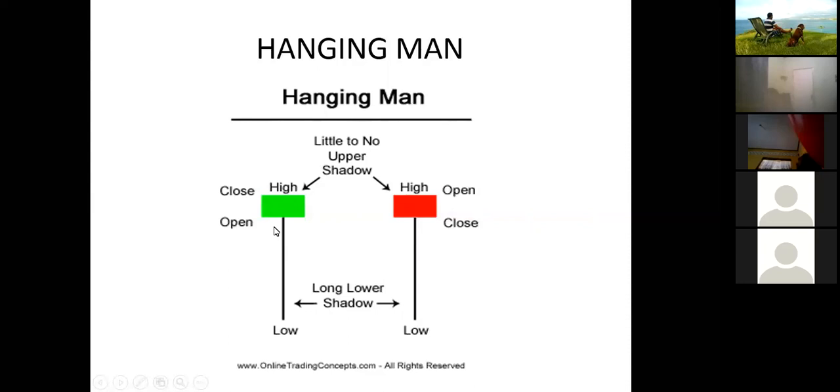It tried to push all the way up, but when sellers entered the market, it pushed back all the way down and closed at this ultimate low. And as a feature of this inverted hammer, there is little to no lower shadow. Then the shooting star is pretty much the same thing, right?